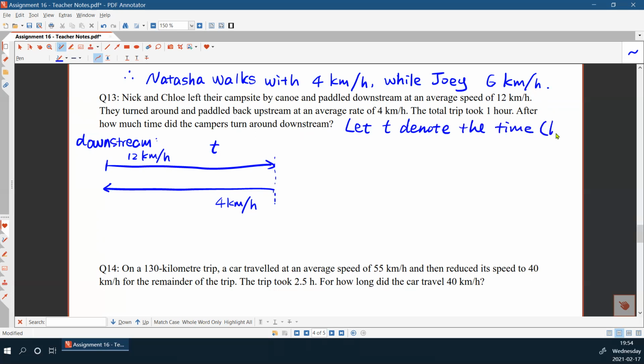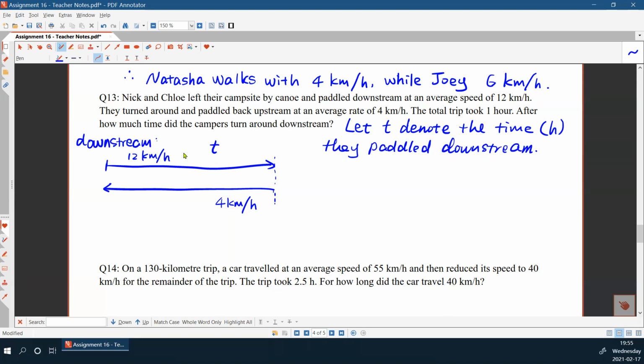Okay, the unit is hours, right? Because all the units for speed are kilometers per hour, so it's better to use hours as the unit of time. Let t denote the time they paddled downstream.